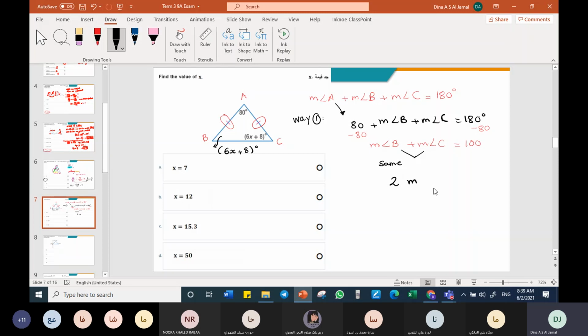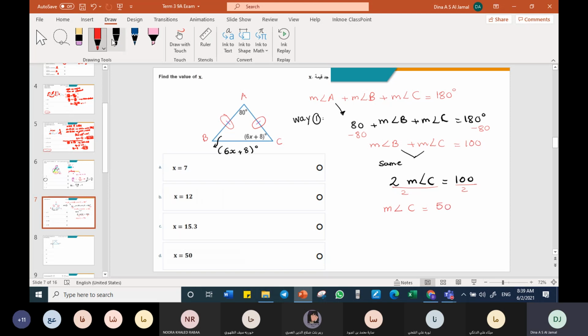The measurement of the given, for example, angle C, which is 100 divided by 2. As you said, so the measurement of angle C is equal to 50.